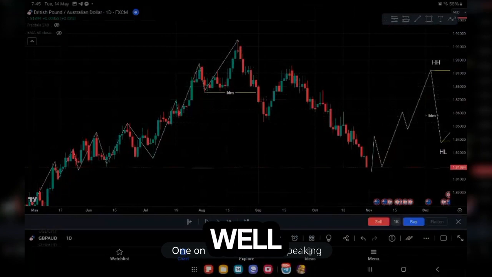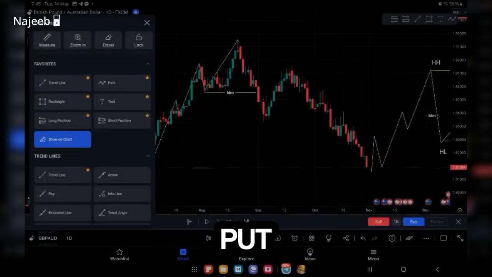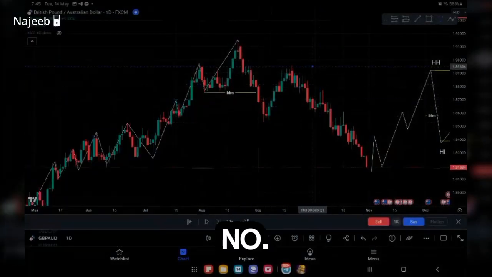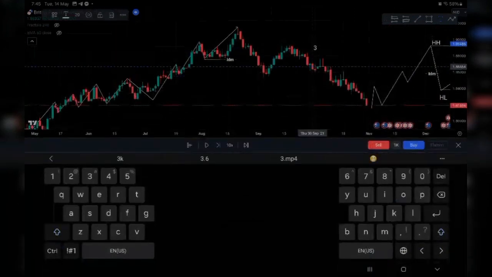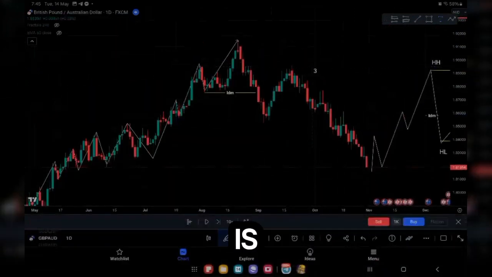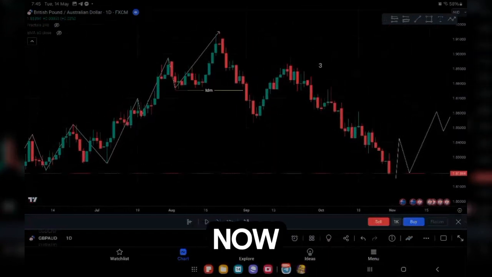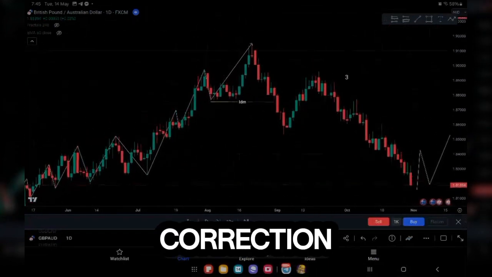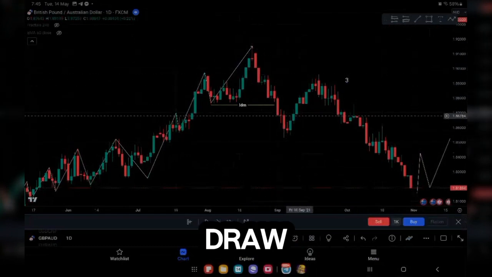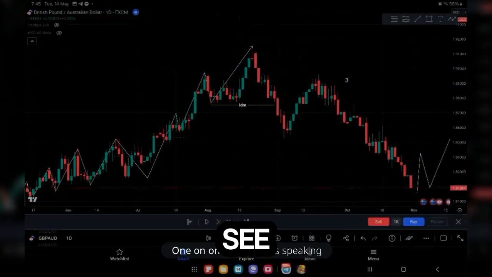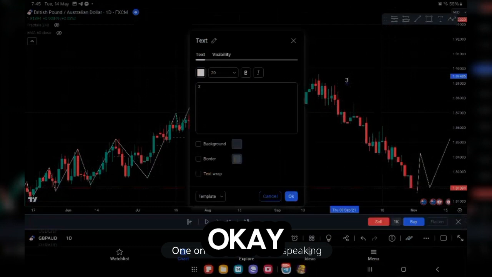What I'll do is I'll put number 3 up here, which is the correction. Where did you put it? Now, this is the correction right here. Draw the correction line. Let me see.